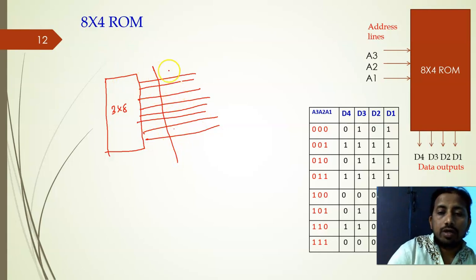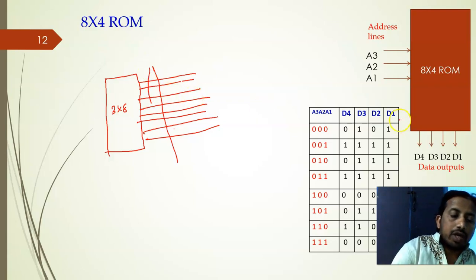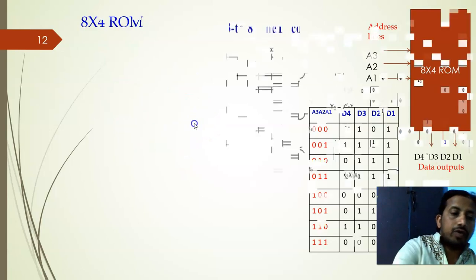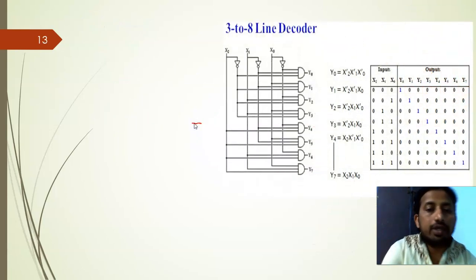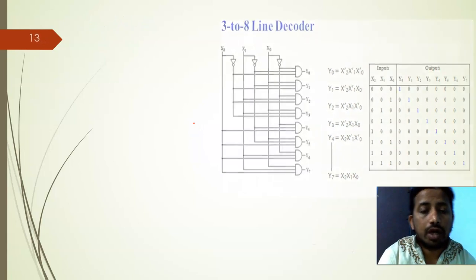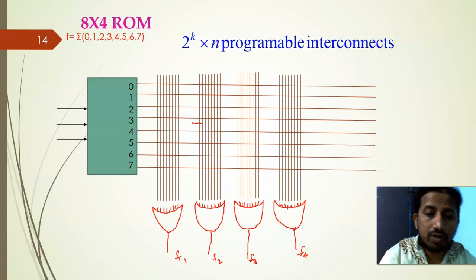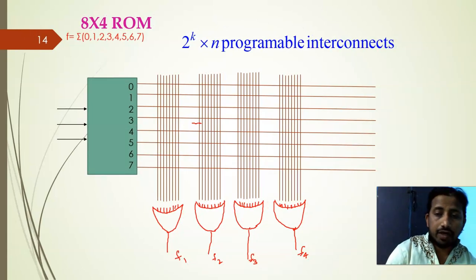From each one, you can take the outputs, D1, D2, D3, D4. Like that you take 4 outputs. And this is a 3 to 8 line decoder. Either you can draw the decoder circuit, or I can do it. So for example, this is one of the circuits that I have connected.